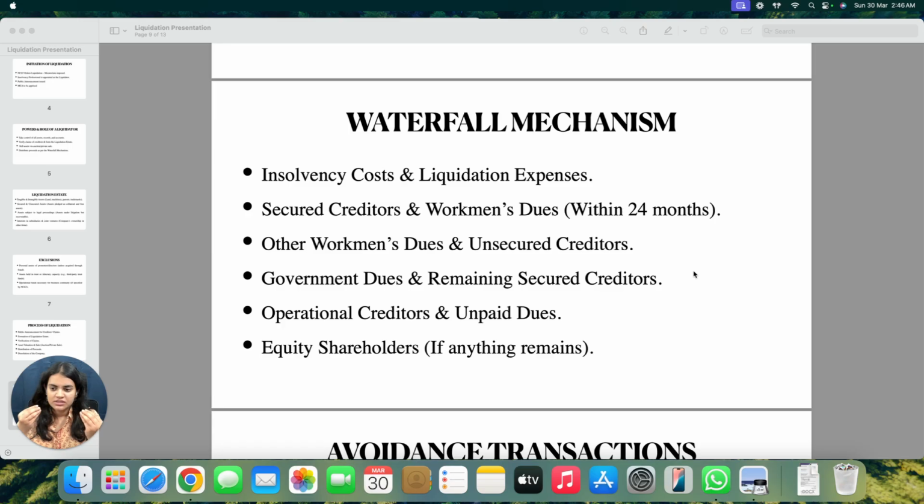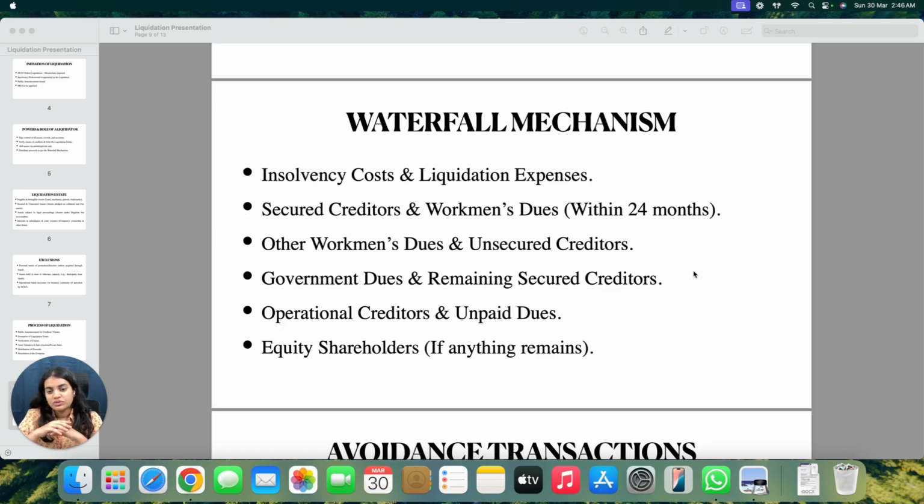He may essentially inform the stakeholder committee that such a liquidation is not viable, as not even the liquidation and insolvency costs will be covered, leaving aside the rest of the stakeholders. Nobody is going to realize anything. So a premature dissolution of the corporate debtor may be proposed, and such an application can be filed by the liquidator before the NCLT or adjudicating authority.